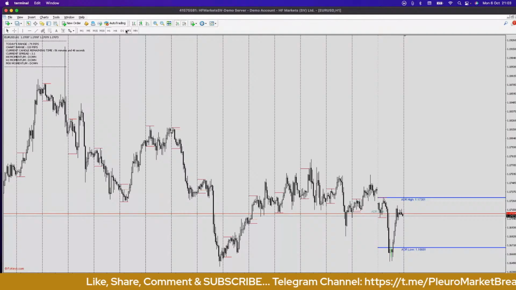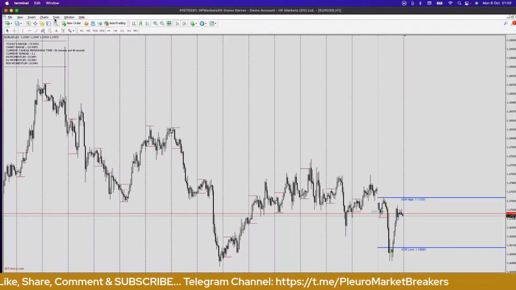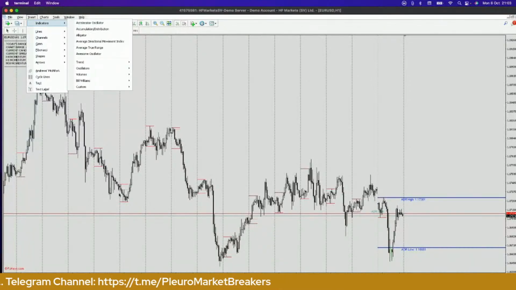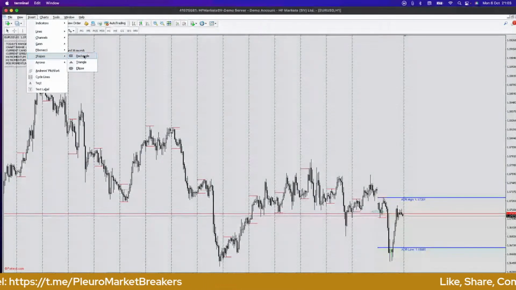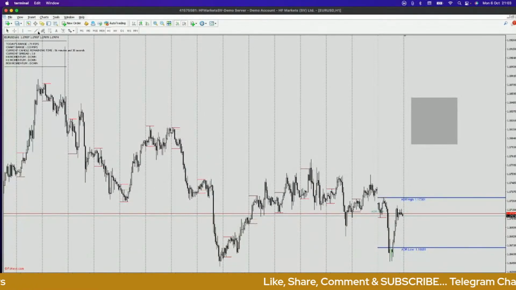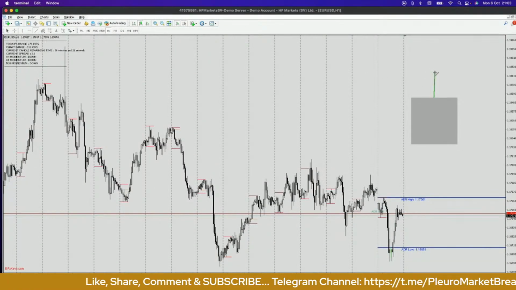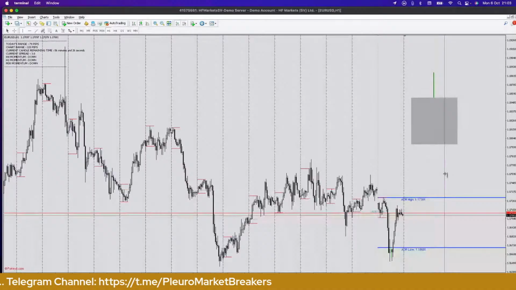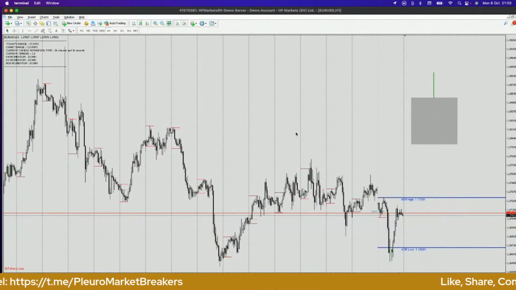So remember, in an up candle, you're going to have a triangle with a wick. Let's call this a down candle because it's shaded.